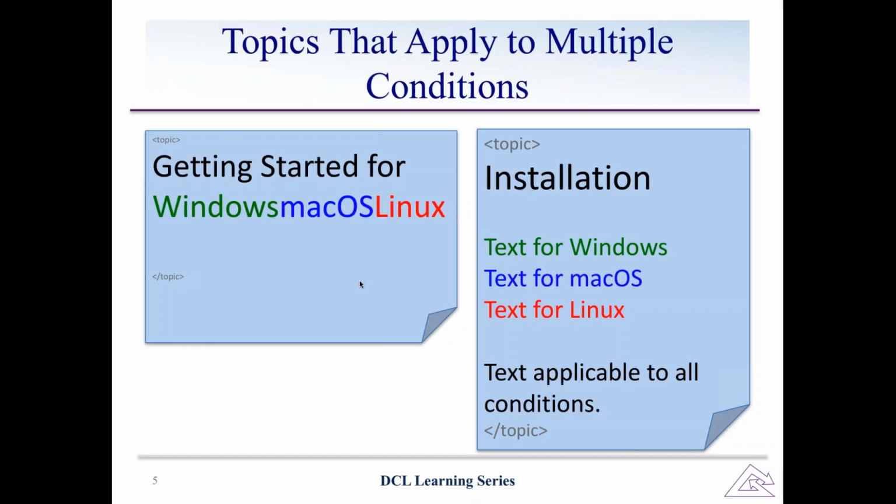So here, for example, we have some text that can apply to Windows or Mac or Linux. For example, I have an installation topic that has some operating system specific stuff, as well as stuff that applies to all the operating systems.